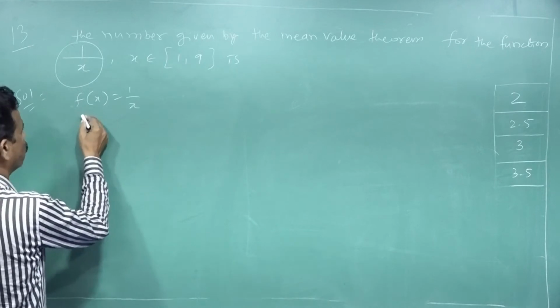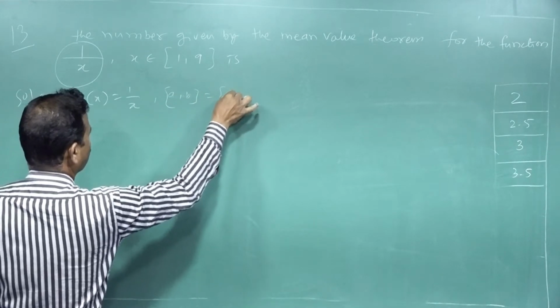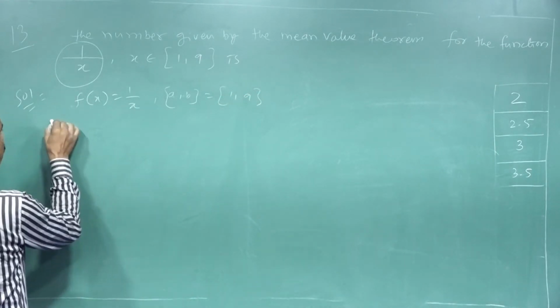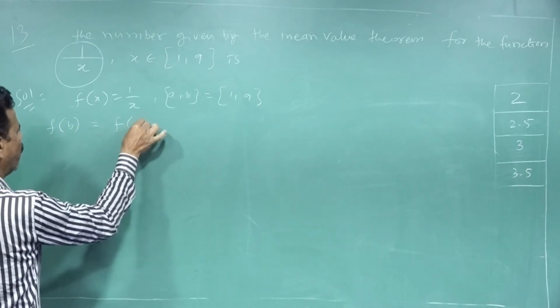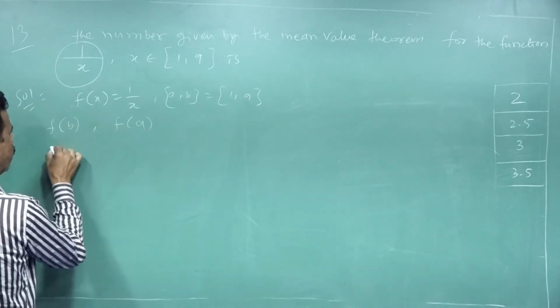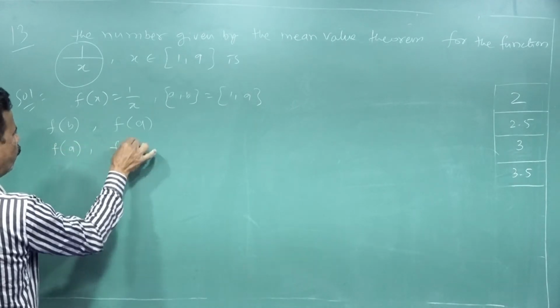Now here a comma b is 1 comma 9. So we check whether f of b is equal to f of a or not. Checking f of b: f of 9, and f of 1.